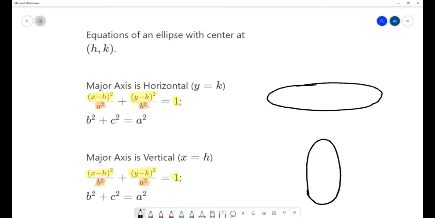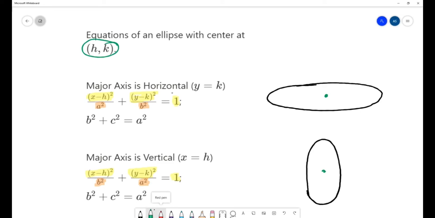Now, in order for us to understand it, we have to know what A, B, and C stand for within the ellipse. In the ellipse, you're going to have a center, and that center is going to be (h, k).